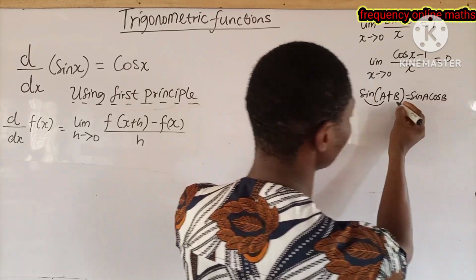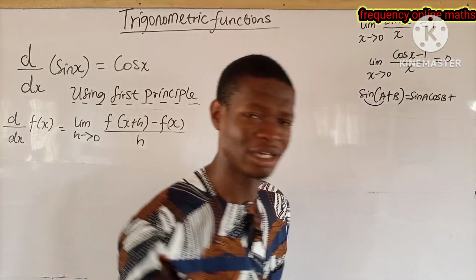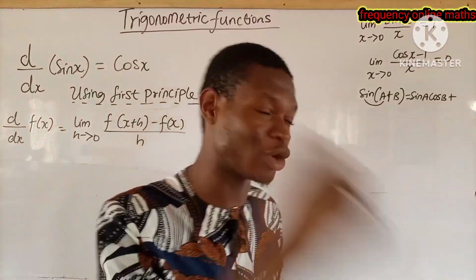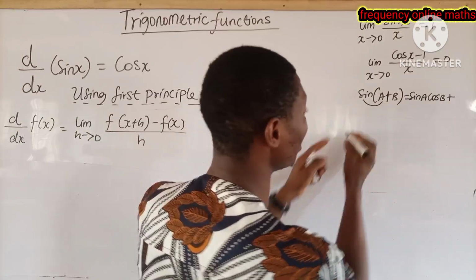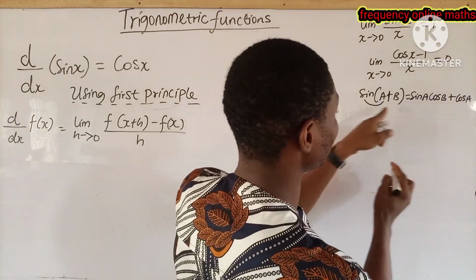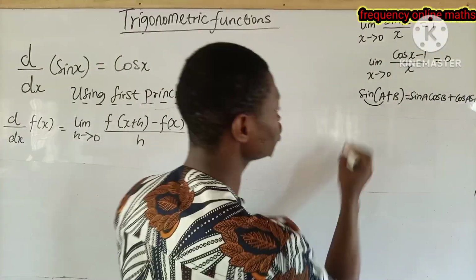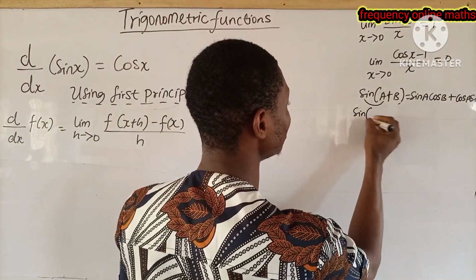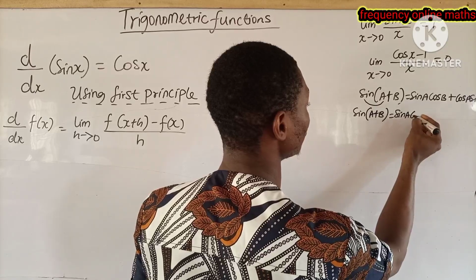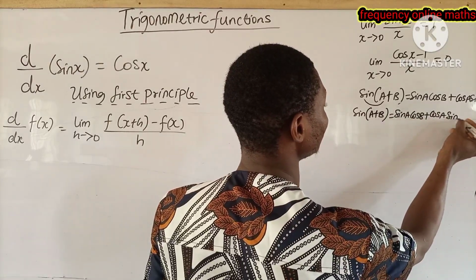He collected B, because he was not fast. Now cos decided that sine will not collect the first again, so they did number 1 again. Cos collected the first one, cos A, and sine collected the second one, sine B. So sine of A plus B is equal to sine A cos B plus cos A sine B.